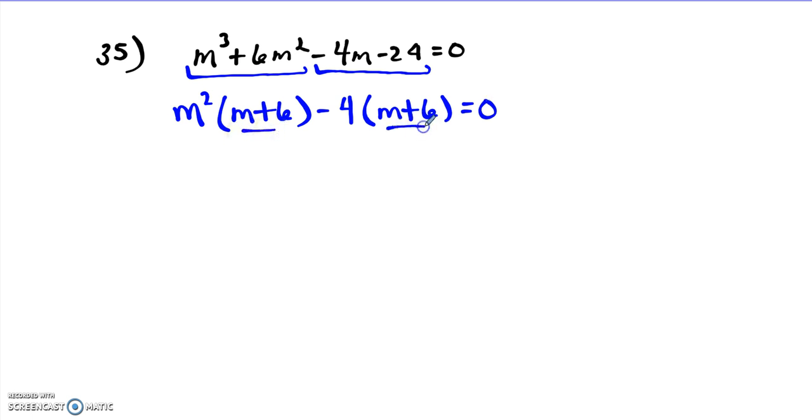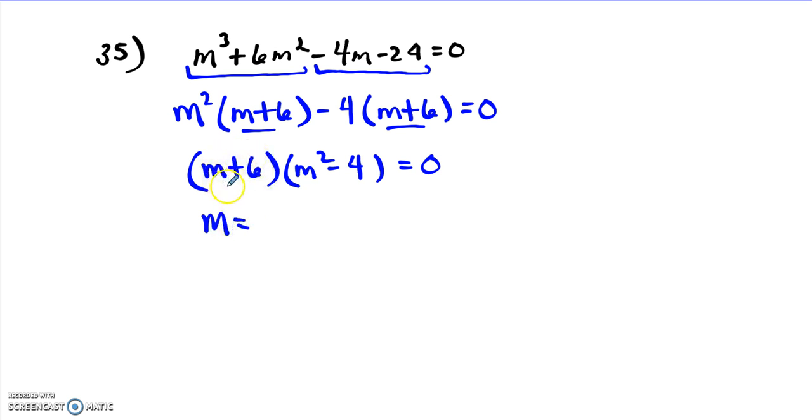Now here's my matching set, m plus 6. And then in my next parenthesis, I take m squared minus 4. I'm looking to split this up because I have a square and I have a negative, so I can definitely do that. Well, actually I'm not solving for the zeros yet, m plus 6.